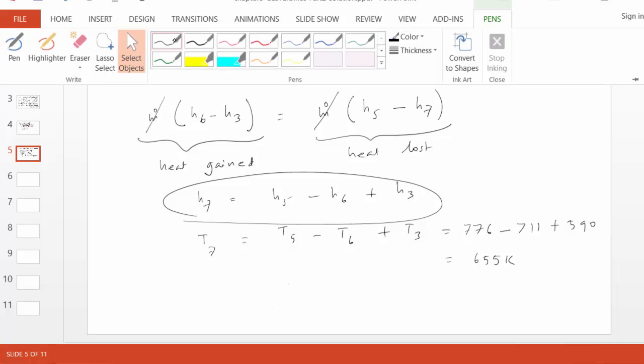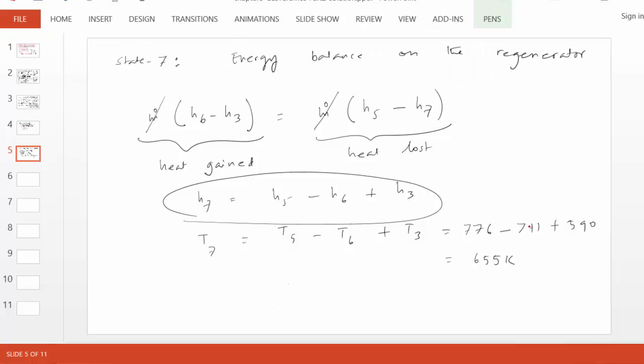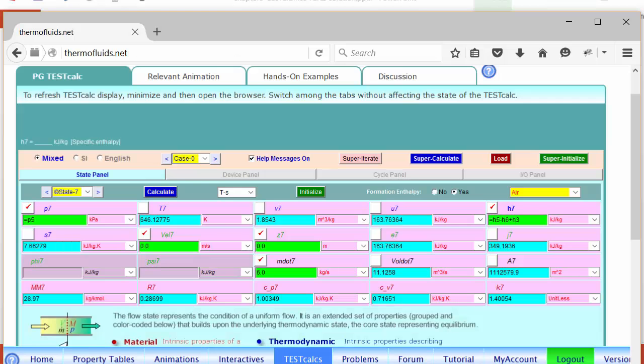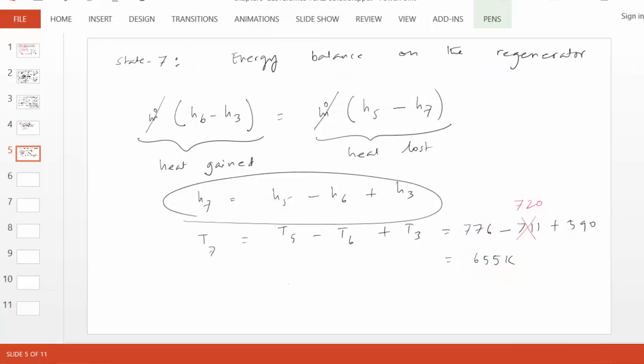It should have been 720, and then we would have gotten exactly what the test calc is telling us, 646. Again, we made the same mistake. We substituted a bad value for T6 here. So now we have calculated all the states.